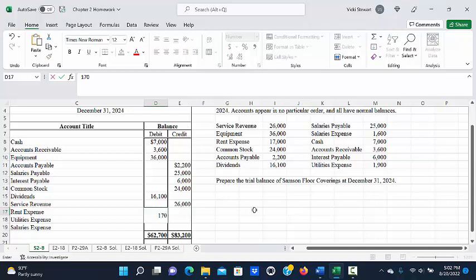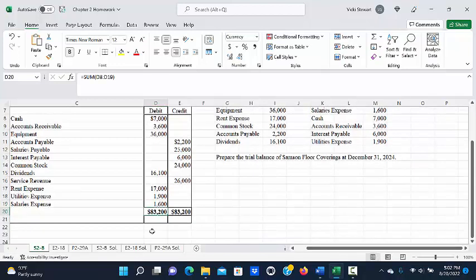So rent expense would go in the debit column, utilities expense would go in the debit column, and salaries expense also. And then what we're trying to see is whether the total of all the debits equals all the credits in the credit column. And in this case, they do.